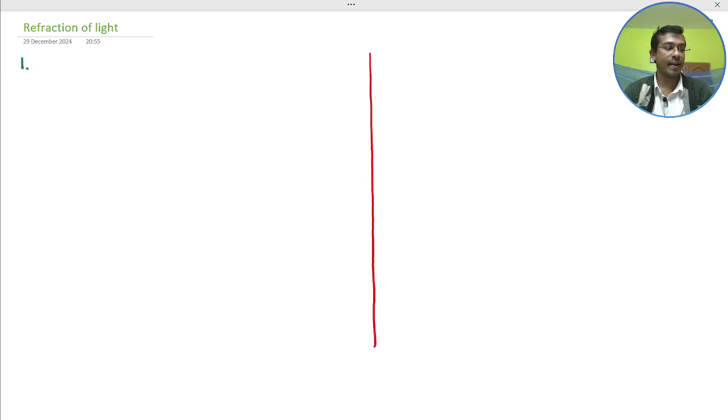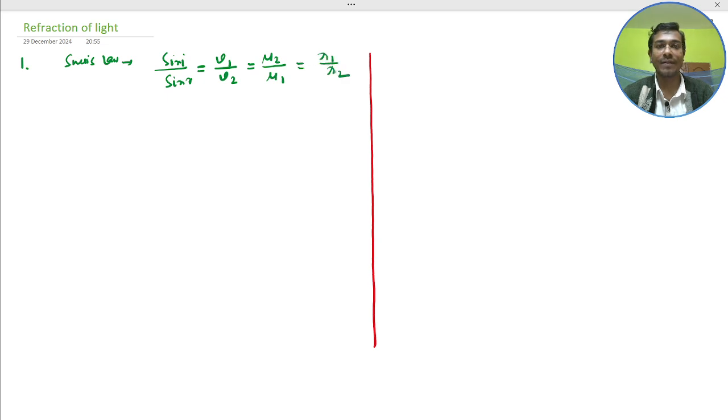So refraction at plane surfaces, first of all is Snell's law, which says that sin i by sin r is equal to v1 by v2 is equal to mu2 by mu1 is equal to lambda1 by lambda2. This is Snell's law.